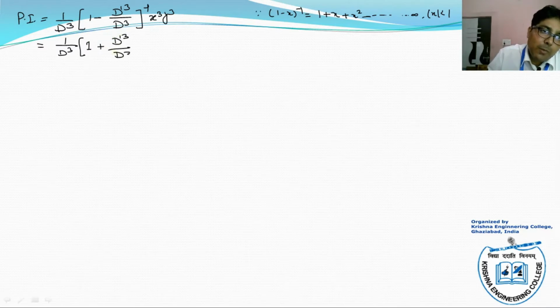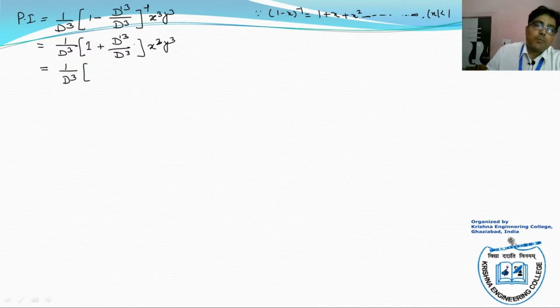D dash cube upon D cube, x cube y cube, clear? Now multiplying the term x cube y cube in this term one by one. So this becomes x cube y cube plus D dash cube upon D cube into x cube into y cube, clear?